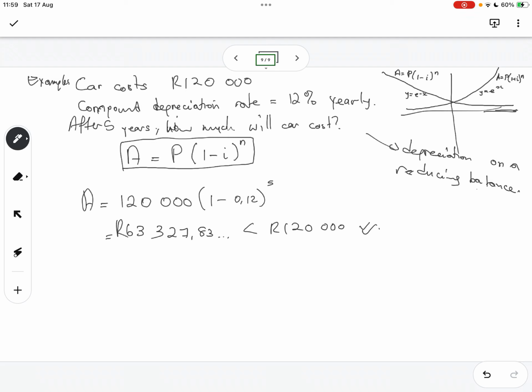What that tells us is that if you're looking for a depreciation rate, you're probably better off looking at a compound depreciation rate, but you'll have to do some math. I won't speak for all cases, but you'll have to do the math to prove in a particular case whether it's simple or compound.